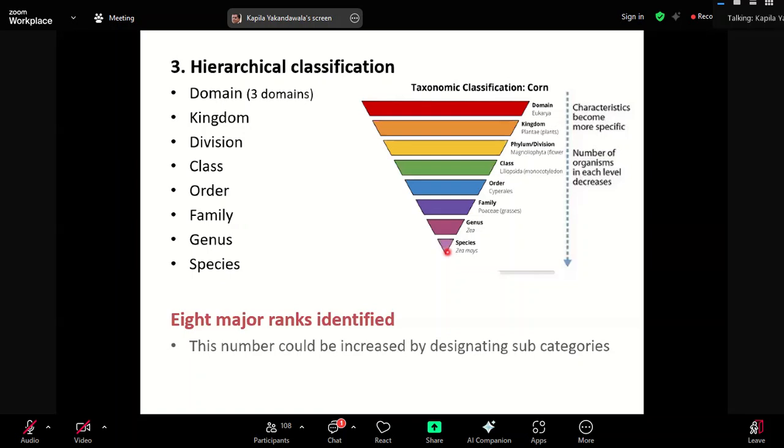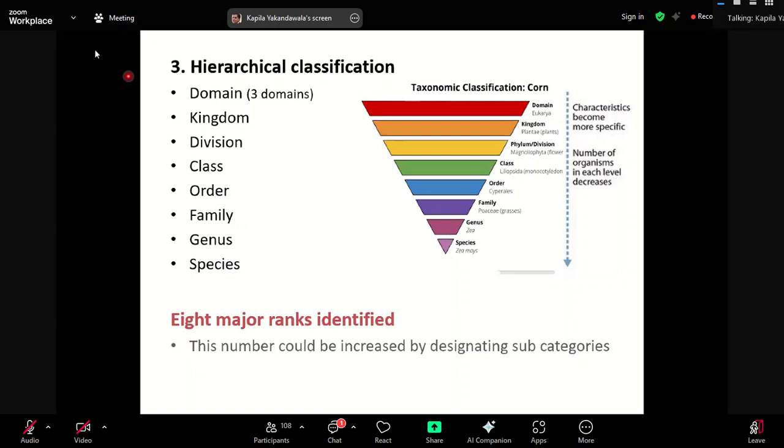They share common characters: both plants have latex, and there are similarities in the number of stamens in the flower. But there are also specific characters. If you look at jackfruit, its fruit is totally different from breadfruit, right? So each species has unique or specific characters, and you can identify them.